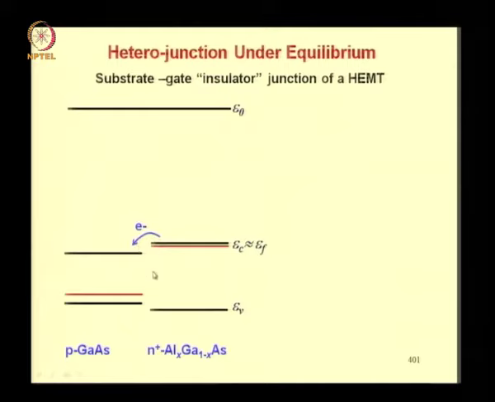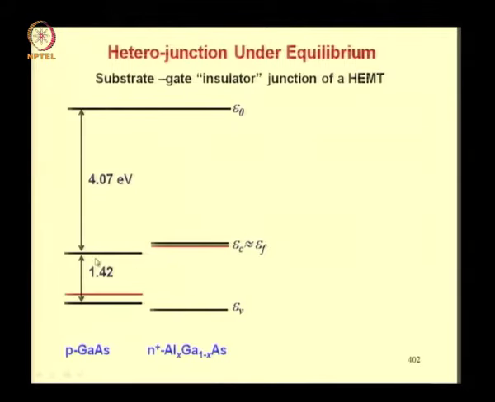So right hand side will be depletion region. The left hand side, the gallium arsenide side on the other hand, the electron concentration will increase. This is a p type region, so here electrons will increase and they can really become very high in concentration, as we shall shortly see.